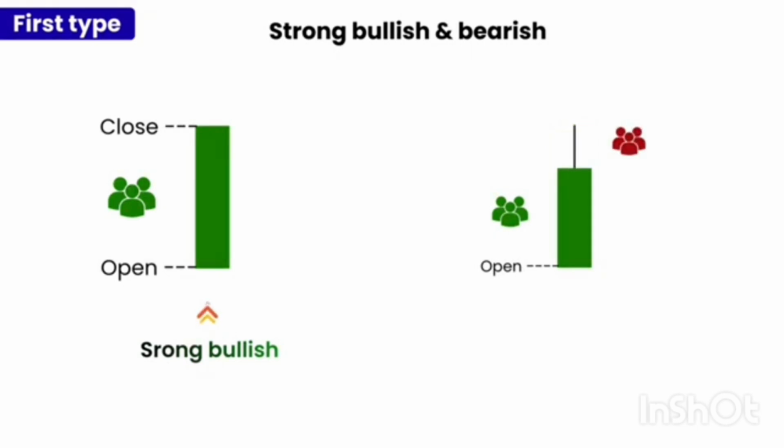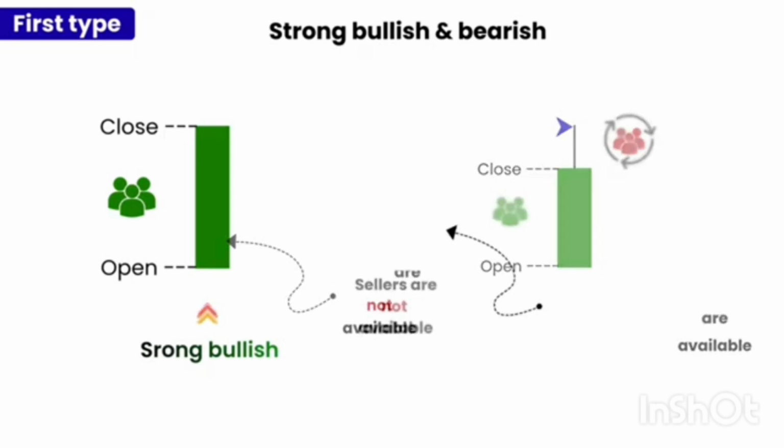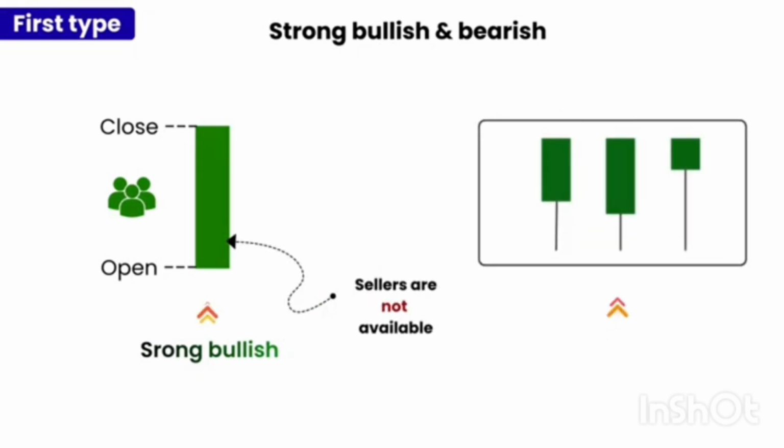This creates an upper wick, indicating that sellers participated in the market. If a candle has a very long lower wick, it can still be considered a strong bullish candle because sellers initially pushed the price lower, but buyers completely overpowered them before the candle closed.